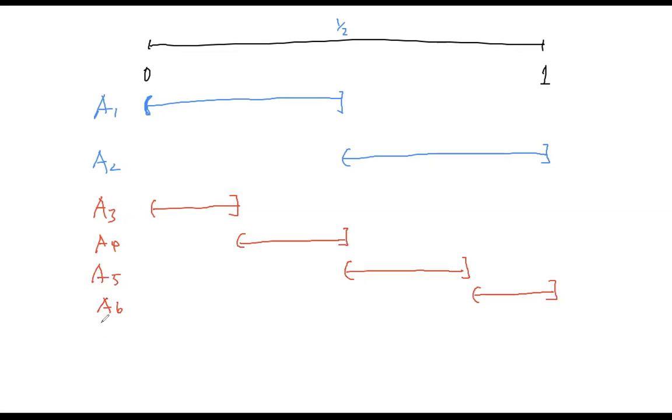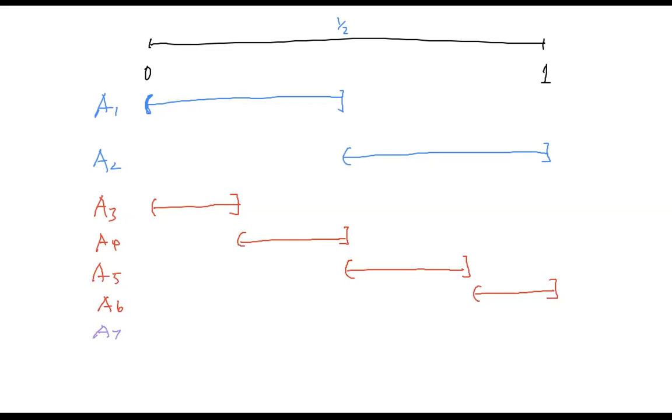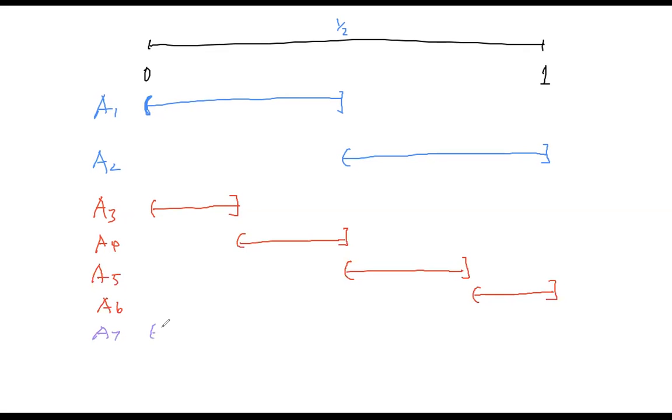After that you have A7, where basically you repeat and cut this into half, then A8, A9, A10, and so on. So this is how your sets are generated.